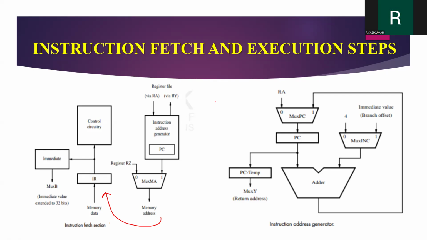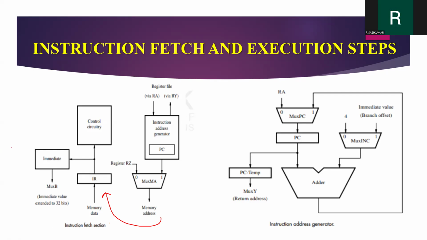But which instruction uses all five steps? The load instruction. The load instruction compulsorily uses all 5 steps. The load and store instructions belong to the I format, and they are memory operations.